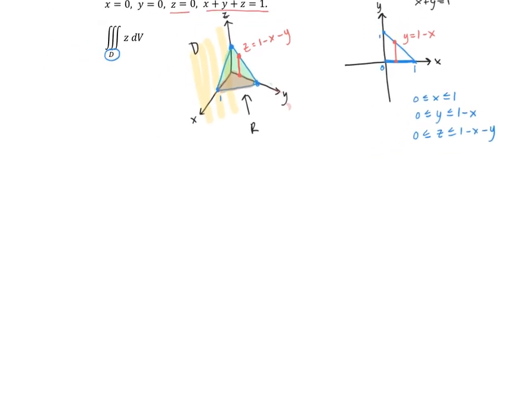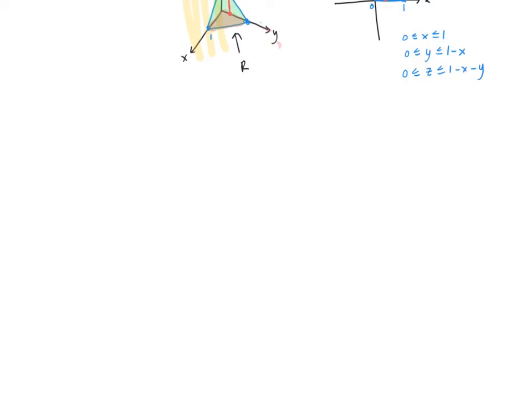So when I evaluate this triple integral that I was given, I'm going to have my x on the outside, those constant limits of integration. Next is y from 0 to 1 minus x. And then next would be my z from 0 to 1 minus x minus y. My integrand is z.